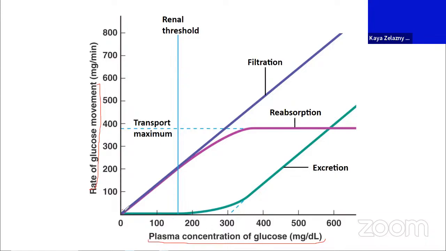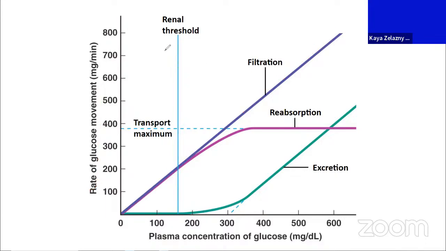As plasma concentration of glucose goes up, so does the rate of filtration of that glucose. So more glucose flowing to the nephron, more glucose getting into the nephron. Okay, so that's why we have just a straight line here, a one-to-one relationship, because we don't have any changes to that barrier for filtration when we're thinking about glucose. It can just go straight through. Okay.